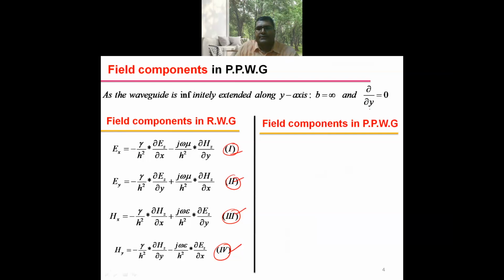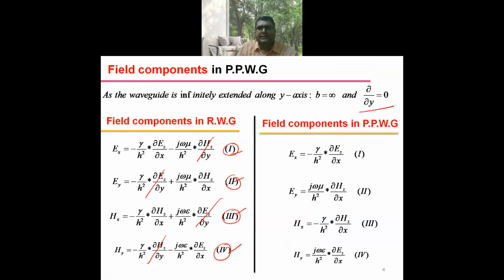As we know, the parallel plane waveguide is infinitely extended along the y-axis, so the partial derivative with respect to y is equal to 0. By making it equal to 0 in a rectangular waveguide, we get the field components in a parallel plane waveguide.